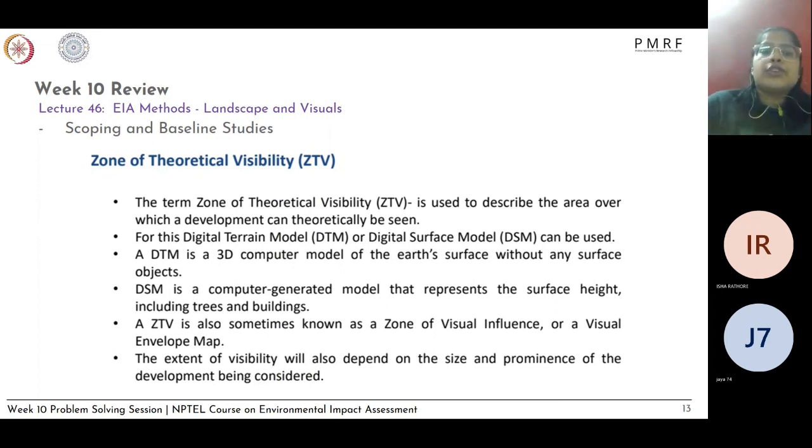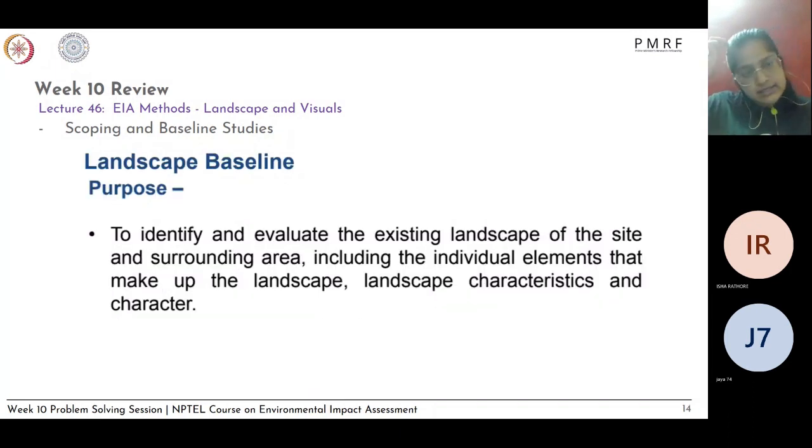So basically, the zone of theoretical visibility is mapped using computer models, and this is done to establish how the area will be perceived once development has taken place, including mapping all of the trees and surface heights and the building heights in it, as well as the surface objects and the landform of the site. So that is the ZTV.